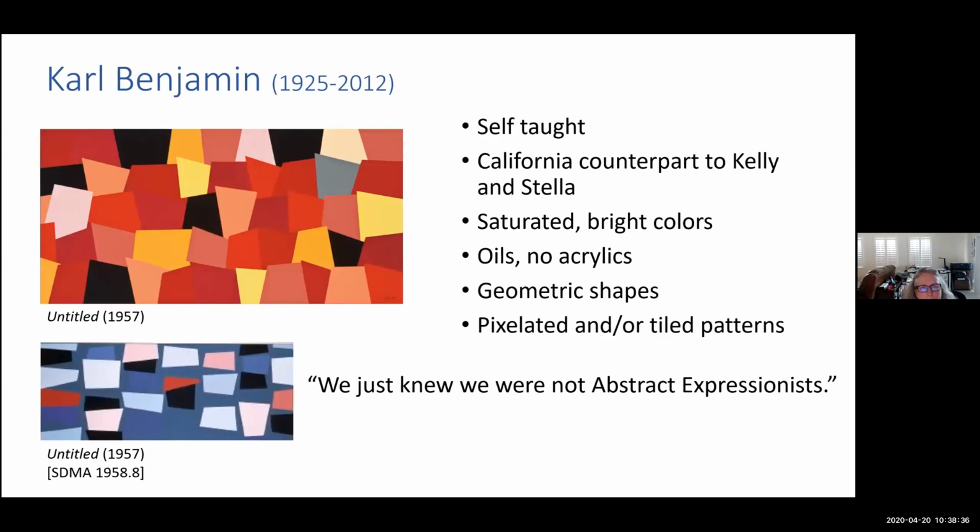Carl Benjamin. I didn't know this until I was doing the research, but Carl Benjamin actually taught at my college, and he retired just before I started school there. So I thought that was interesting. We didn't overlap. We missed each other by about a year. But he's self-taught in the sense he was an elementary school teacher, and he was told by his school district that he also had to teach art.